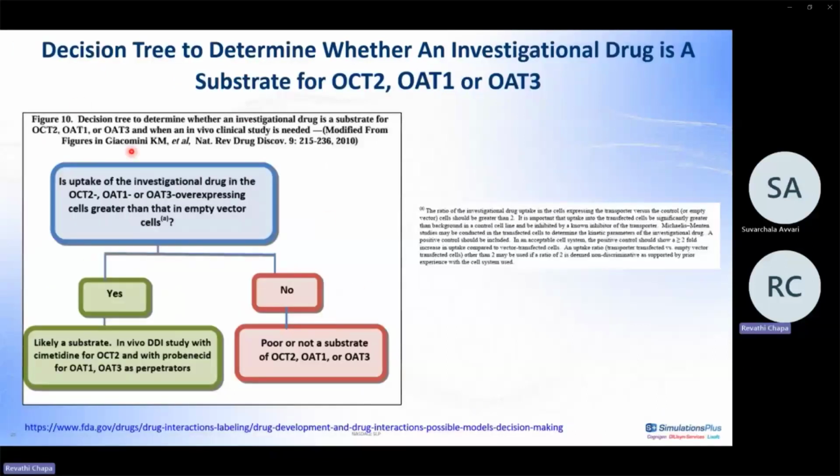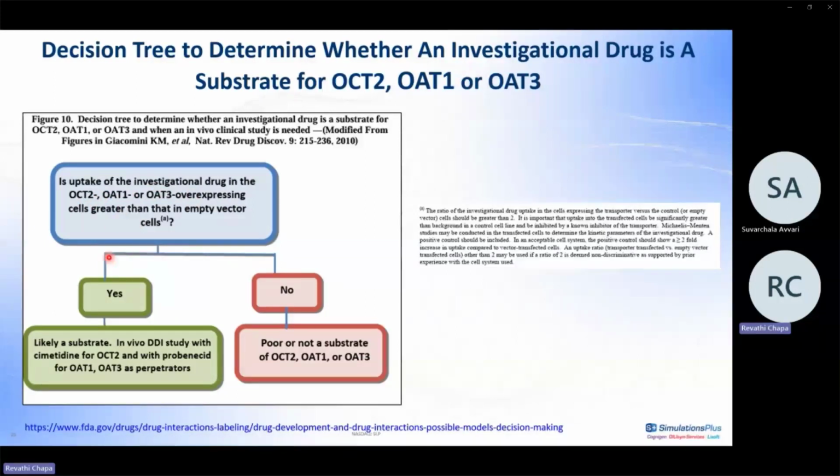Similarly, the same decision tree is laid out for OCT2, OAT1, and OAT3 expressing cells, where we compare the uptake ratio value to that of empty vector cells.